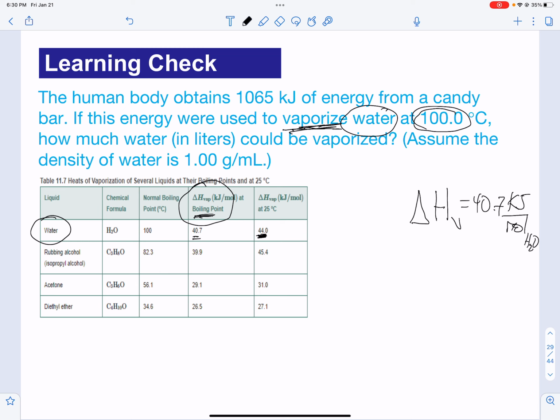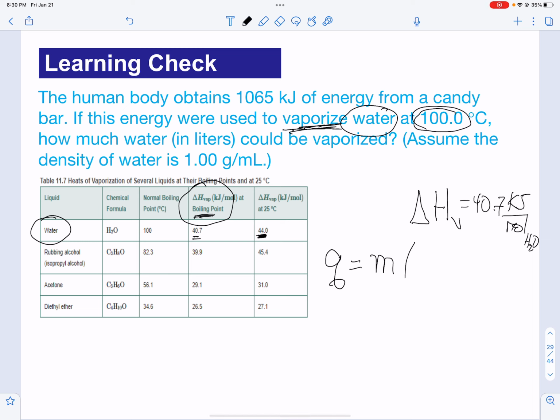So how do I do this problem? Well, there's a formula, and as you see in these units, the energy relates to the amount. 40.7 kilojoules for every 1 mole of water is a conversion factor that tells me how much water that is. The formula is Q, the amount of energy, equals the amount, which could be mass in grams or moles, depending on the delta H we're using.